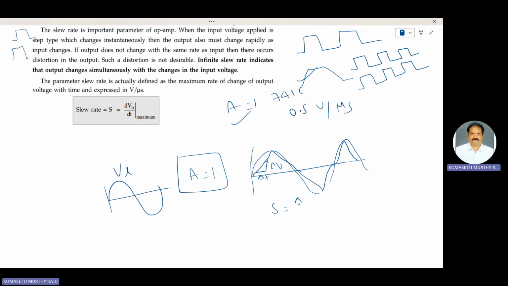Slew rate is equal to delta V by delta T. If delta T is equal to 0, the change in output voltage is delta V naught by 0, which means infinity. Therefore, the output waveform shape is the same as the input waveform shape with delta T at a minimum value and the slew rate at a maximum value. With this, the two parameters are completed.